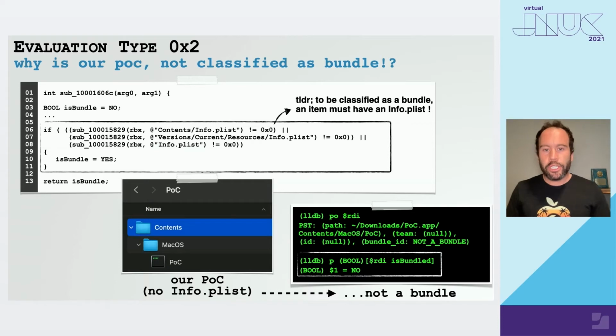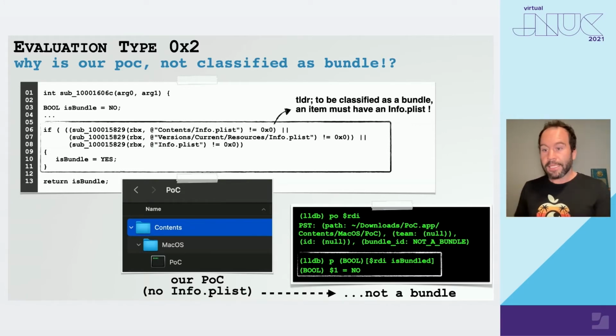And if we reverse engineer it, we can see what they're trying to do is make a determination if the item we're about to execute, the application, is a bundle or not. And how do they do it? Well, if we look at the code, again, reverse engineered from syspolicyd, we can see they're looking for an info.plist file.